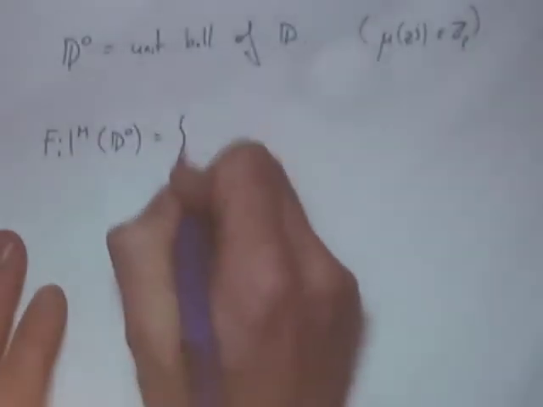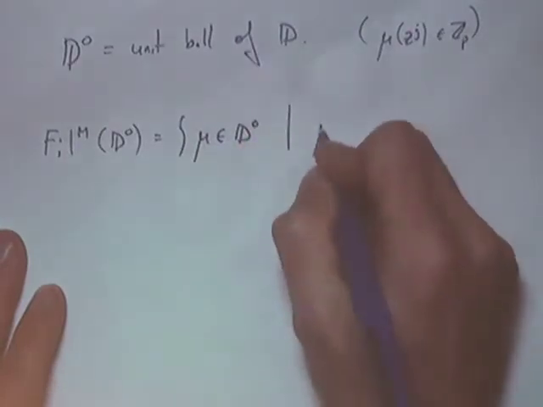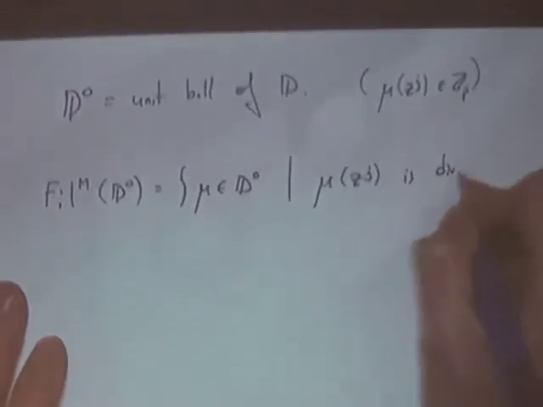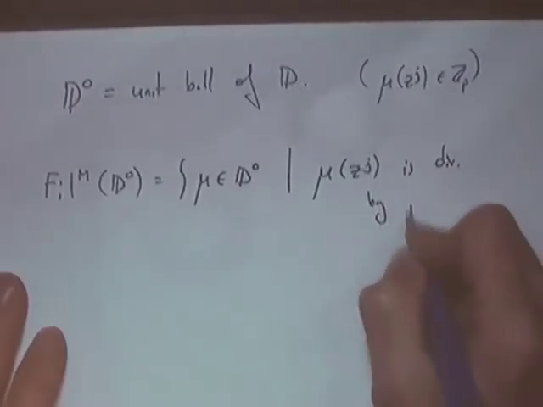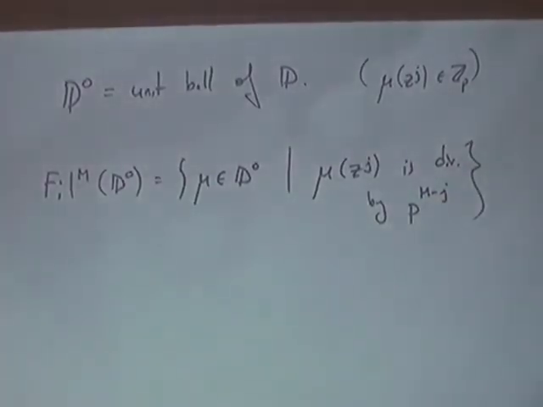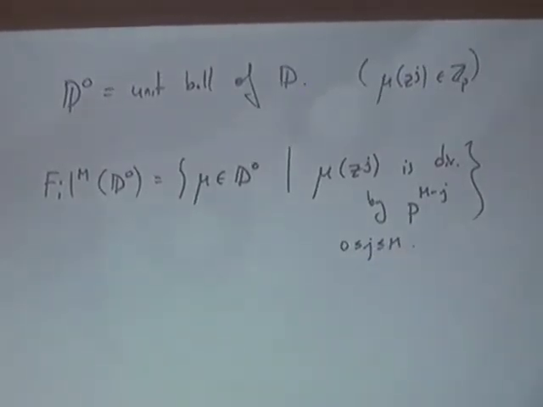So I want to take all the mu's so that the jth moment is divisible by p to the m minus j. And this really only makes sense for j between 0 and m. So what it's saying is that the 0th moment is divisible by p to the m, then the next by p to the m minus 1, then p to the m minus 2. So you ask for less and less divisibility, which is what we saw here.